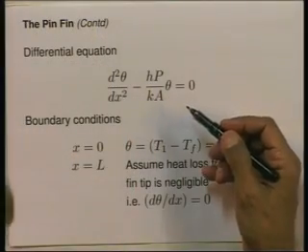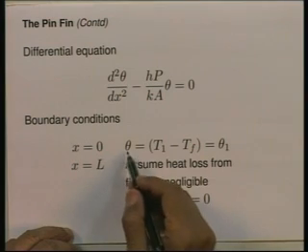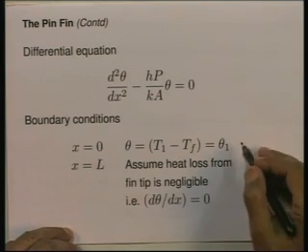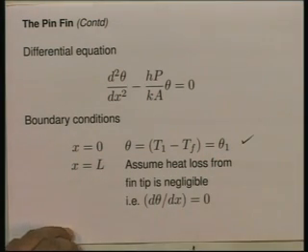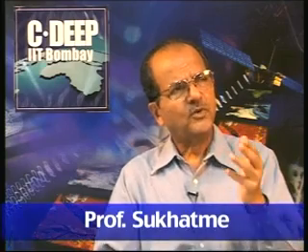What are the boundary conditions under which we will solve it? We will need two boundary conditions, one at x equal to 0, one at x equal to L. At x equal to 0, T is equal to T1, so theta is equal to theta 1, straightforward. At x equal to L, we have a variety of boundary conditions to choose from, but let us choose a boundary condition which is usually adopted, and that is the following.